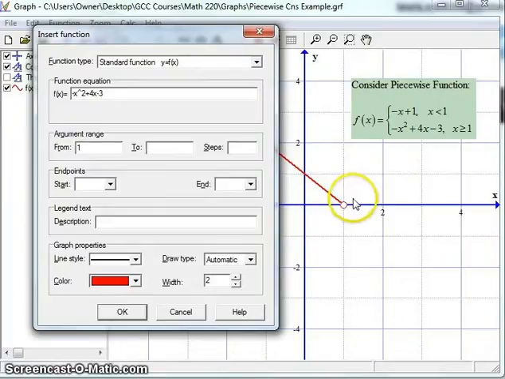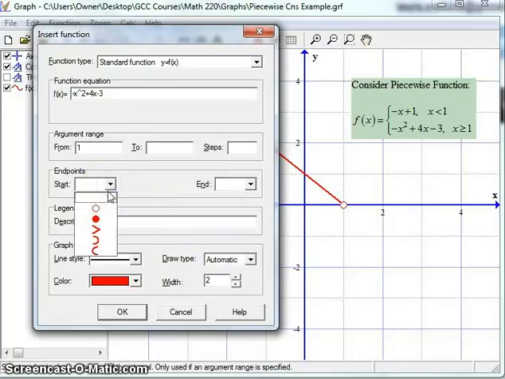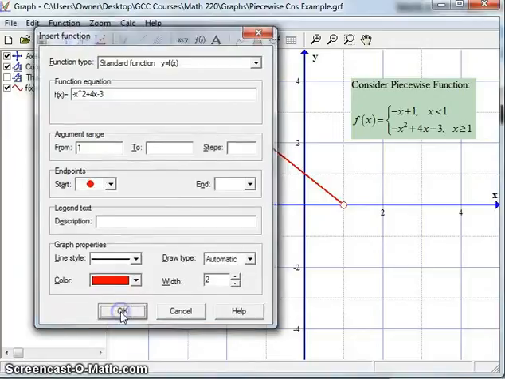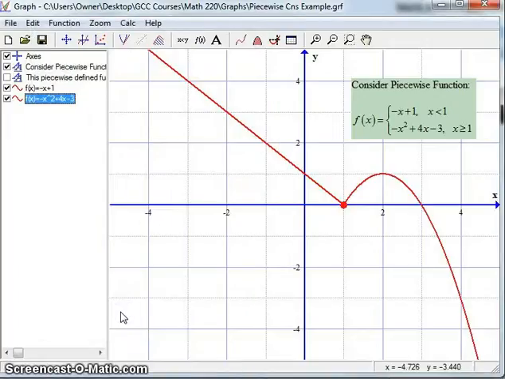So whereas before I had an open circle on the first piece, I'm going to have a closed circle for the second piece. So I'm going to select an endpoint of a closed circle, and I'm going to click OK. And now I have both pieces of my function graphed.